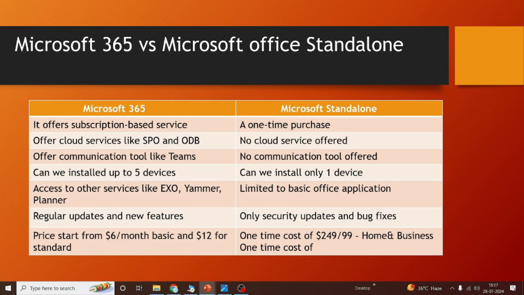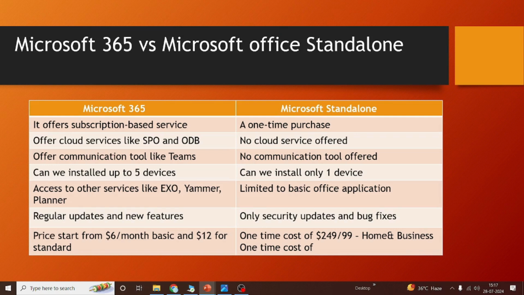Don't worry about these plans. Microsoft offers tons of subscriptions, which we're going to talk about in our upcoming videos. Just for your understanding and sticking with the basic, with business basic you can start using and experiencing Microsoft 365 with only $6 a month.